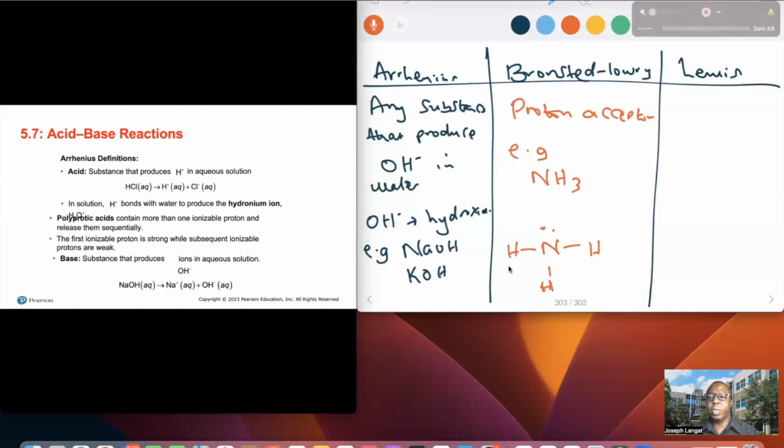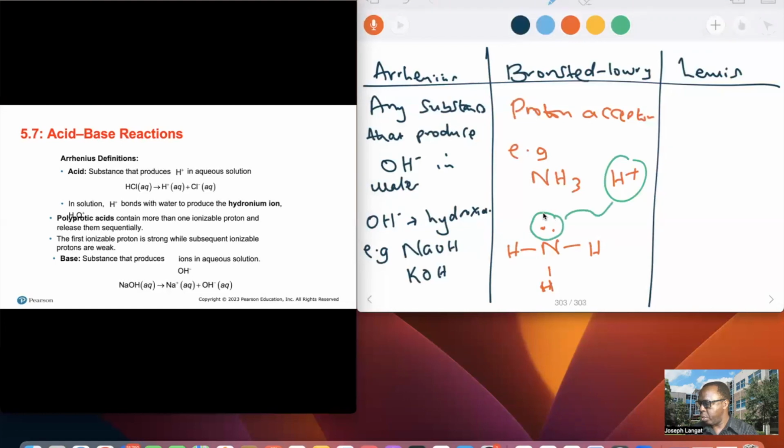If you look at the two dots here, they can be donated in a coordinate covalent bond. We'll talk about bonds down the line in chapter 8, chapter 9. This will accept a proton. This hydrogen here needs 2 electrons, and the 2 electrons are coming from here. See this? It's going to form ammonium, NH4 positive. It is a proton acceptor.